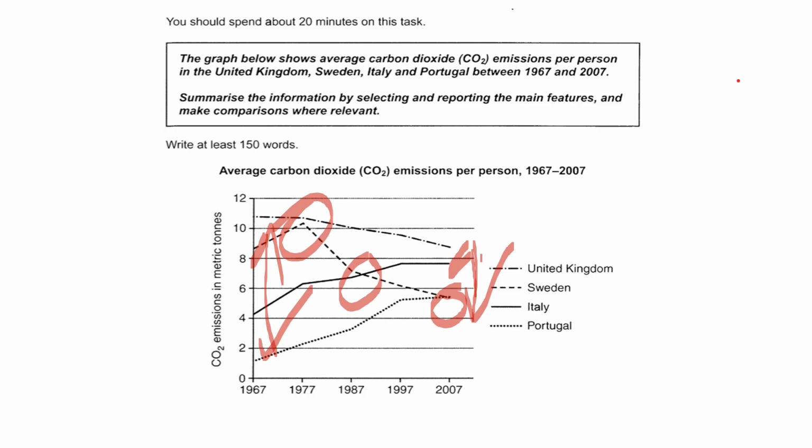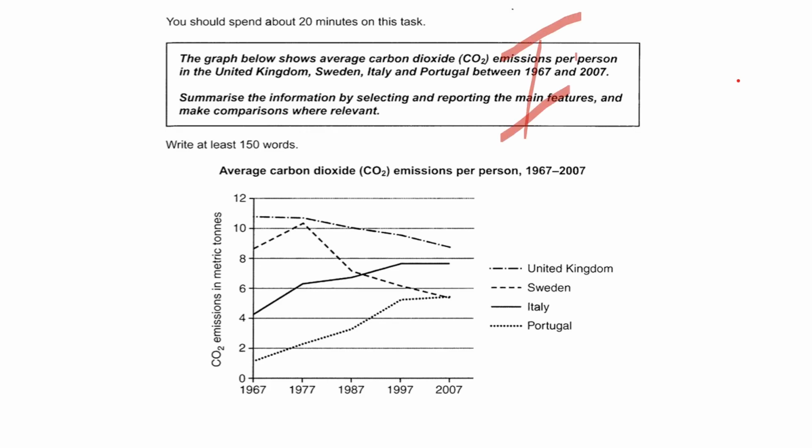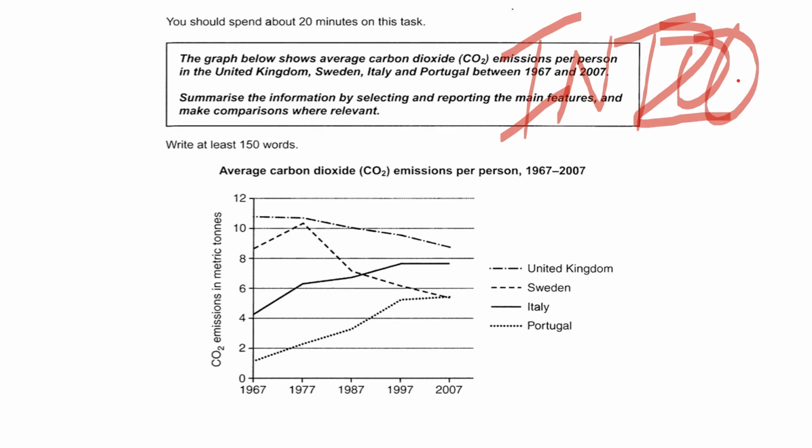So now the question is how we can organize the parts of our writing. The first part of our writing is going to be the introduction. For the introduction, we'll take the same piece of information from this box and just paraphrase it.